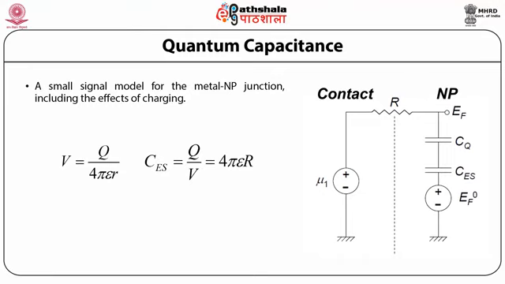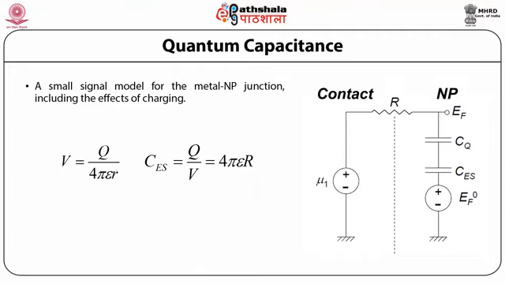The potential of the sphere is V equal to Q by 4 pi epsilon capital R, and the capacitance is given by CES equal to Q by V equal to 4 pi epsilon capital R. So hence, in the case of a nanoparticle, capacitance scales with the radius of the nanoparticle.